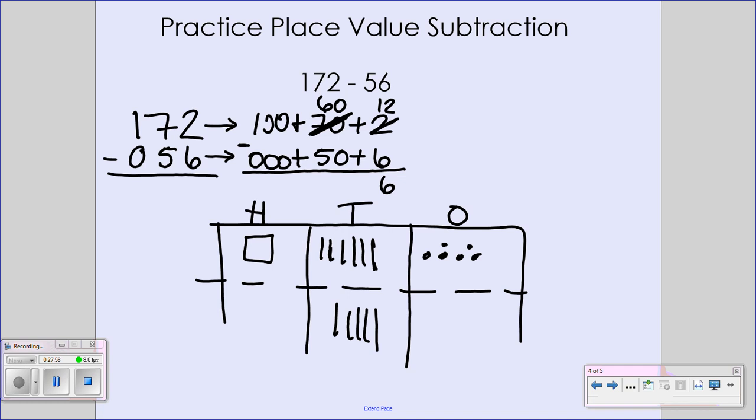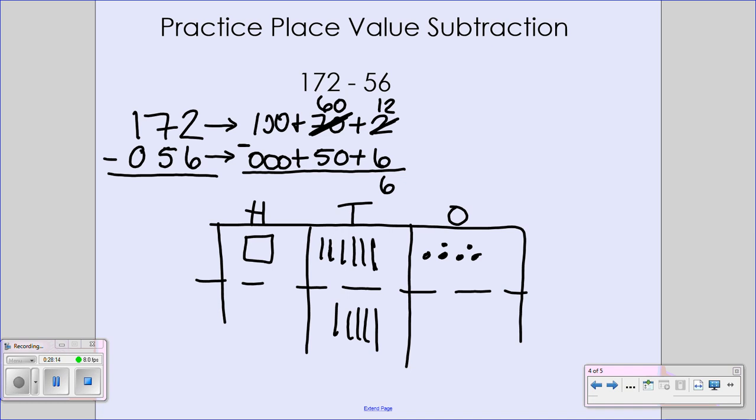Alright, let's keep going to our 10s. Let's go down to our picture. I have 1, 2, 3, 4, 5, 6. 6 10s minus 5 10s. Can I do that easy peasy? Yes. Do I need to make any trades to do that?